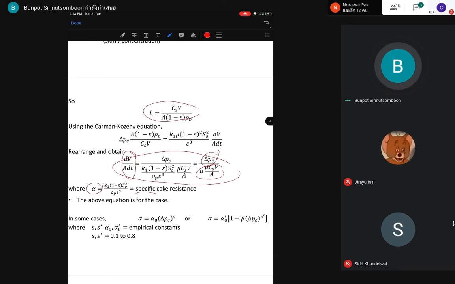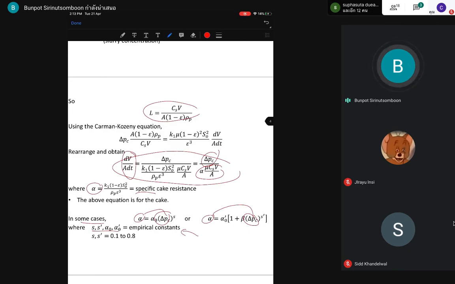Usually this alpha is going to be a constant. But in some cases, alpha is not actually a constant. It's a function of the pressure drop across the cake. These are more complicated cases, and you can determine S prime, alpha zero prime, and also beta.